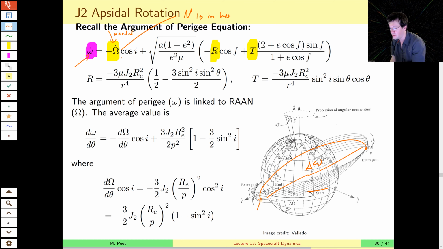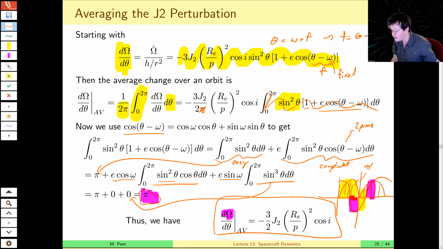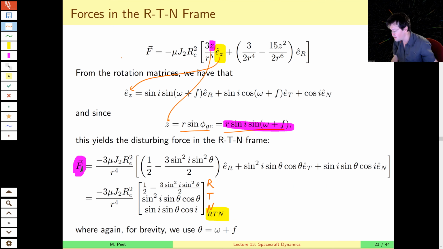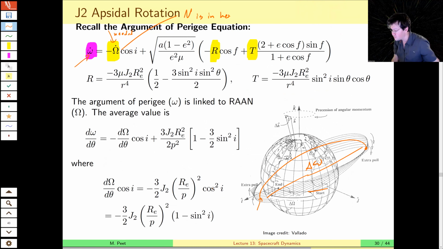Remember, R, T, and n are the three components of that force, right? If you remember from the previous slide, R, T, and n. So this is what we were using before, and now we need the expressions for R and T. And I conveniently wrote them here.